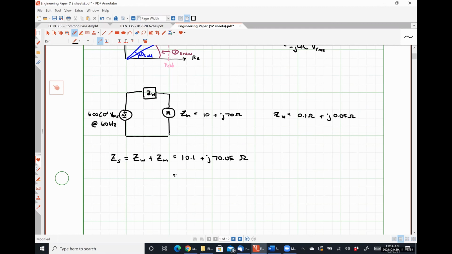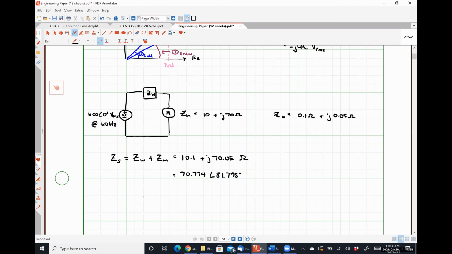And in polar form, that will be 70.774 with an angle of 81.795 degrees.